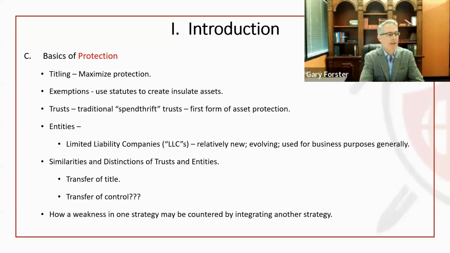We have titling. In other words, in what way will the asset be owned? In Florida, for instance, and actually almost every state has some form of it, is tenancy by the entirety, TBE. That's husband and wife ownership. A few states don't have it. These are called community property states.